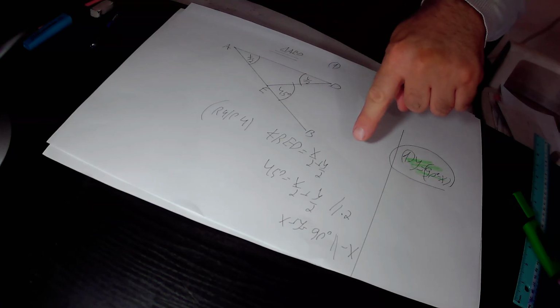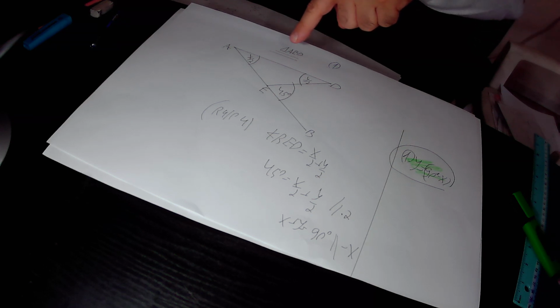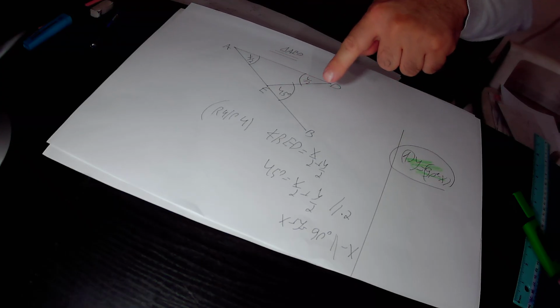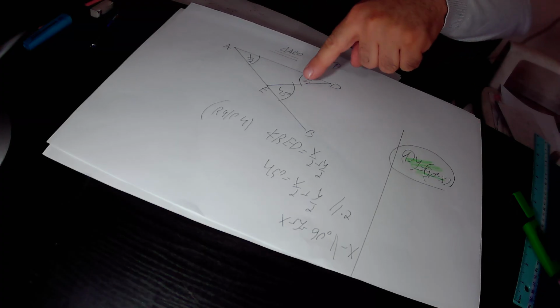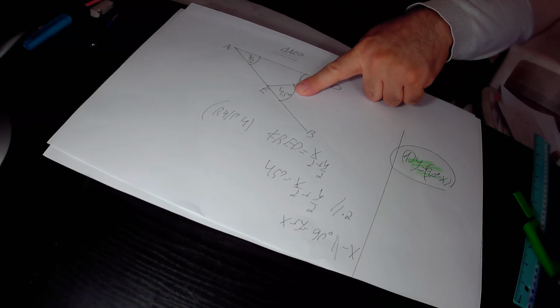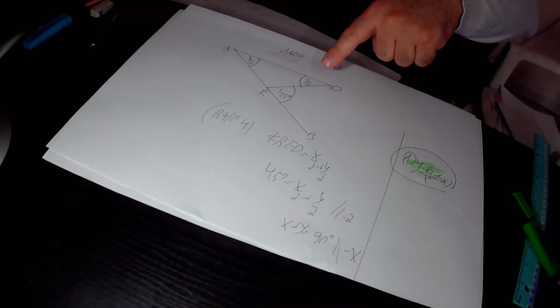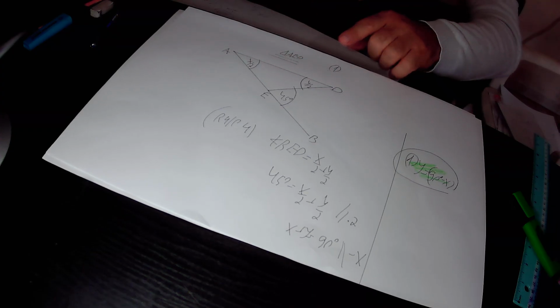Angle DEB is defined as an exterior angle in relation to this triangle DEA, because it is located outside the triangle. The size of the external angle DEB is 45 degrees.